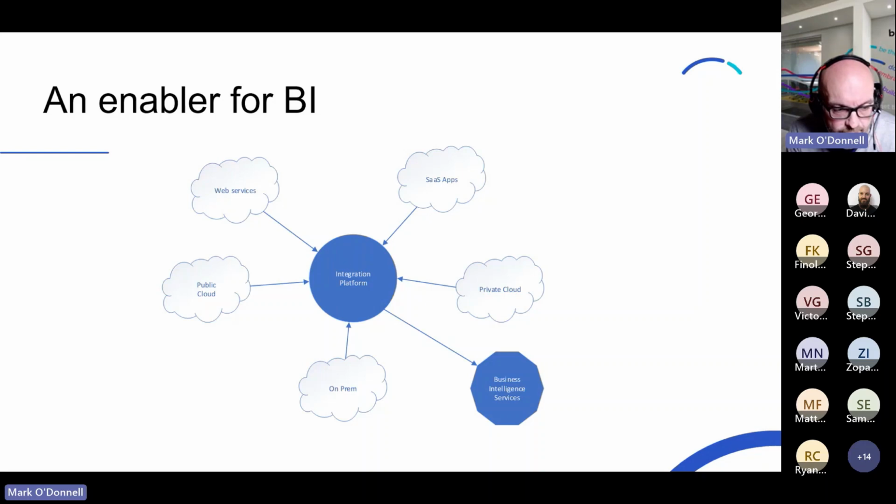So for example, take that data and put it into a database that something like a reporting tool can access. And since the integration platform is working nine times out of ten in near real time, it enables an element of near real time business intelligence based on the messaging happening on this platform. And so the business intelligence service is actually enabled by the integration platform.